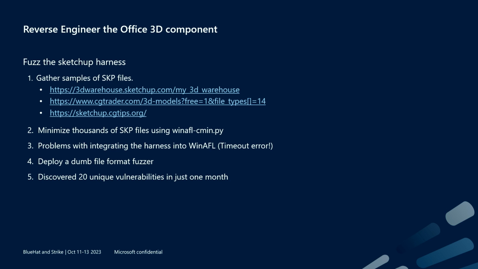First, I began by collecting thousands of samples of SketchUp files from several 3D Warehouse websites. Secondly, in order to make the fuzzing process efficient, I narrowed this collection down to a smaller group of SketchUp files using the WinAFL Python script.